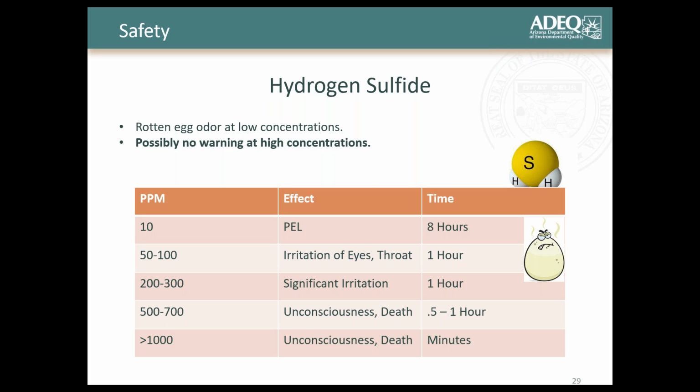Ten parts per million is the permissible exposure limit, and you could only be around that for a max of 8 hours.